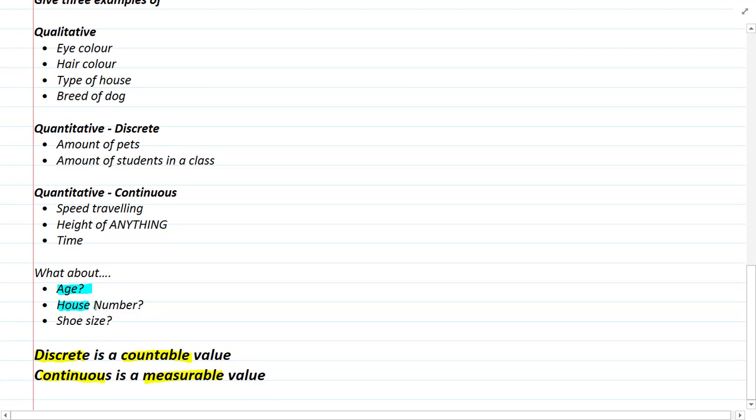House number I've been asked about on occasion, and house number is a bit of a tricky one. So it's numerical data, but it's not really the type of numerical data you would consider taking an average of or that you can use to compare. So if you live at number 25 and your friend lives at number 25, well, that doesn't draw any inference between the two of you. It says nothing at all that we can claim based on that, because your streets are different.